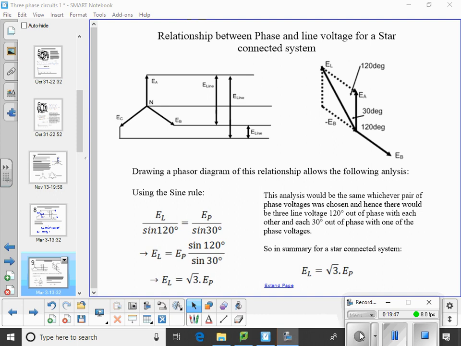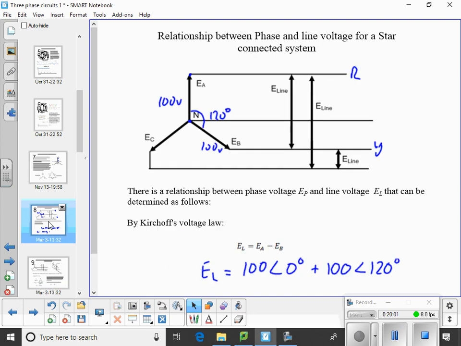Right, there's an easier way to go through that. If we draw a phasor diagram of this relationship, we get the following analysis. Let's go back to your question about this, Robbie. EL and EA being one minus the other.